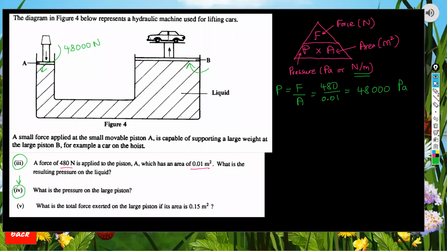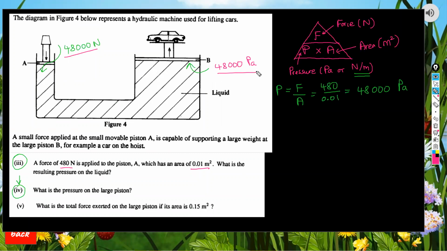Now, how a liquid works, well, a fluid: the pressure in liquids does remain constant throughout. So for part 4, believe it or not, the answer is also 48,000 pascals, right? So you need to know that about fluids.